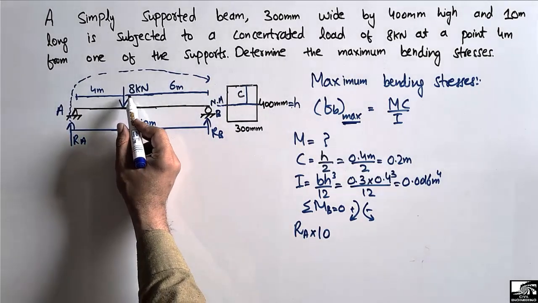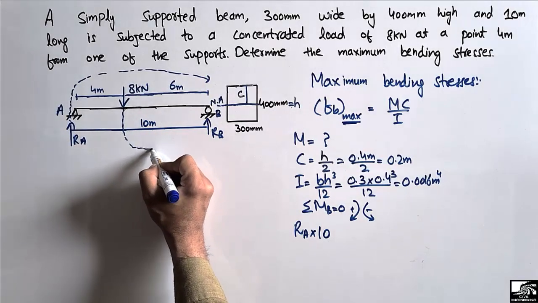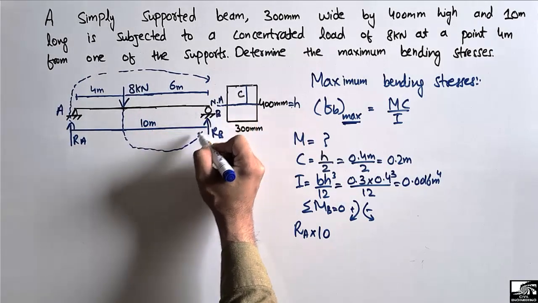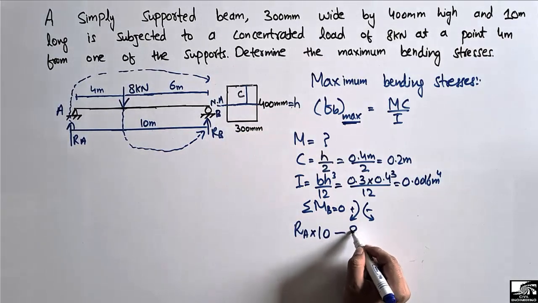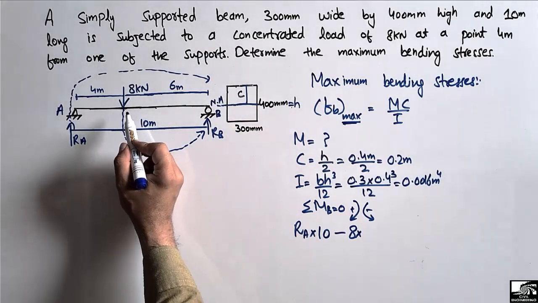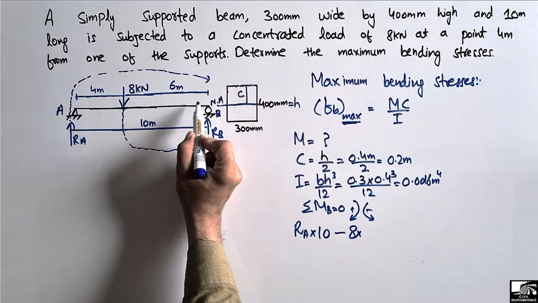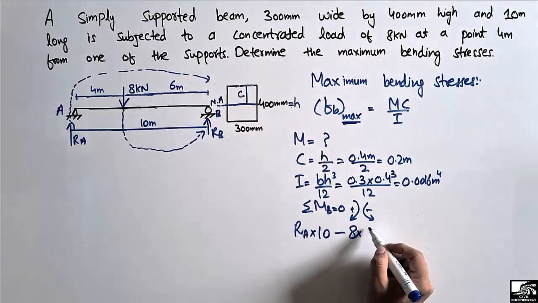Then this load also creates a moment about point B in the anti-clockwise direction, so it will be taken as negative. It will be minus 8 multiplied with the moment arm, the distance from the 8 kilonewton point up to point B, which is 6 meter.